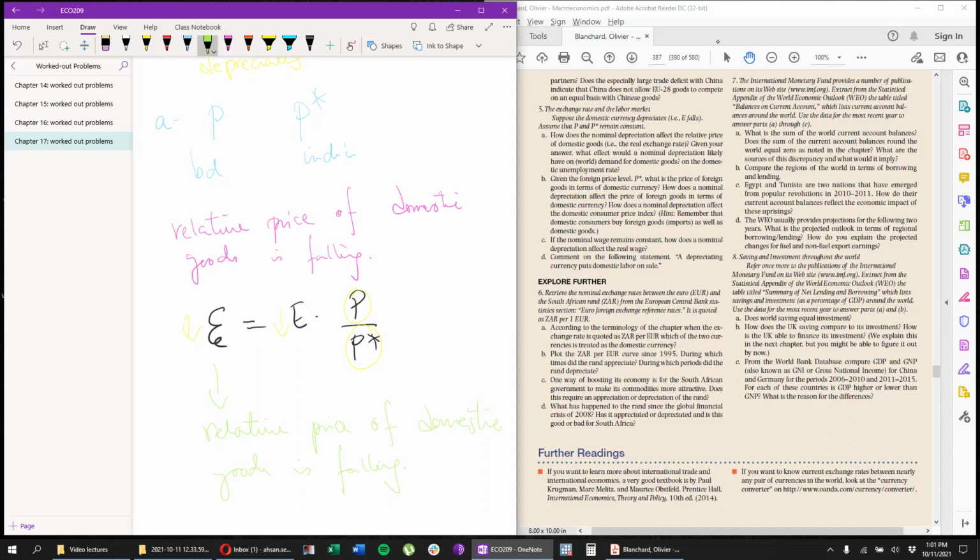Now, if the exchange rate falls, which means that Taka is becoming weaker, what does that mean for domestic goods? Suppose the same book is available in Bangladesh and in India, with different prices, one in Taka and one in rupee.